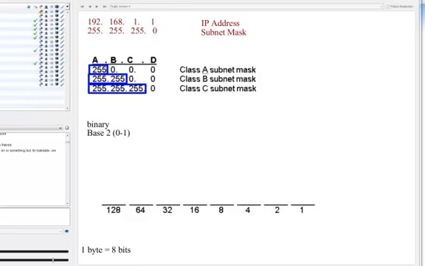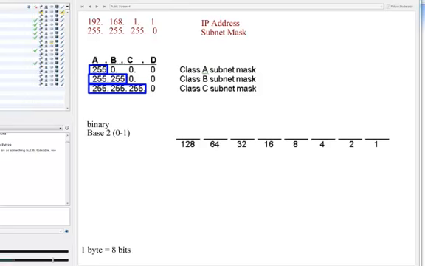All right, so one other thing we need to talk about is hex. What is hex? Hex is base 16.